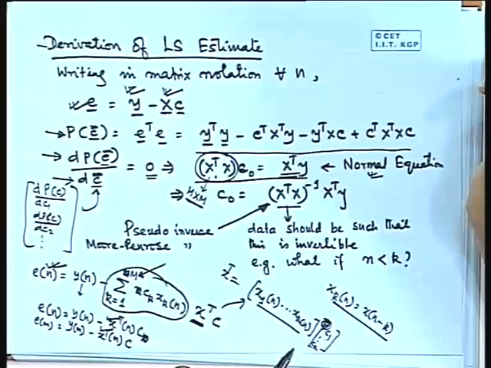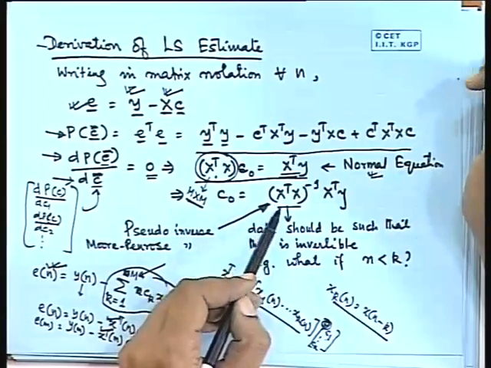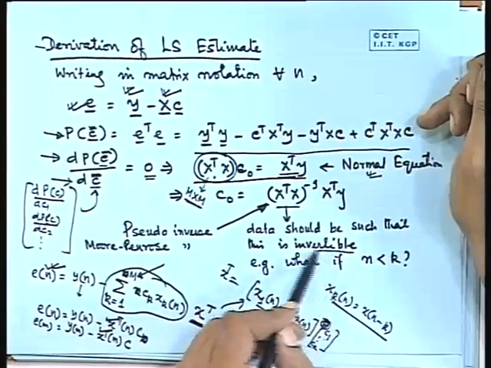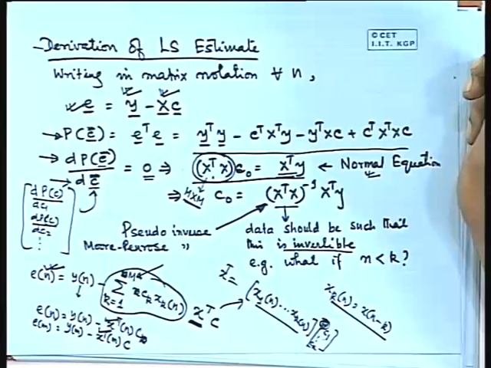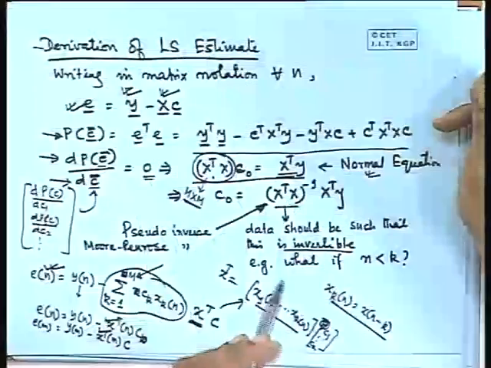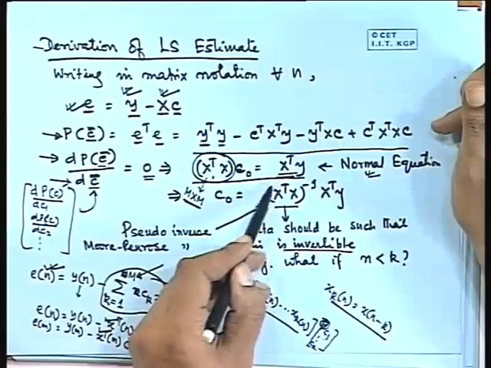So how are we writing this? We can only write this provided it is invertible. So when is an M into M matrix invertible? When its rows or columns are linearly independent, then only it is invertible. Now, first of all, why should it be linearly independent? Remember that this is a composite matrix.